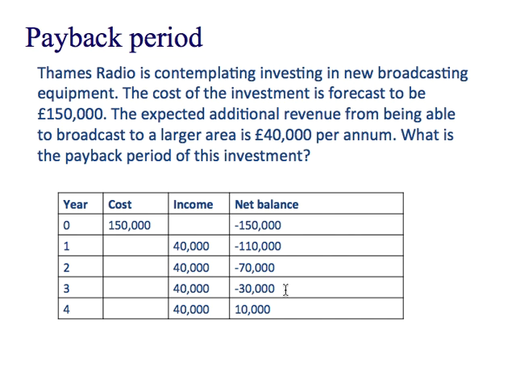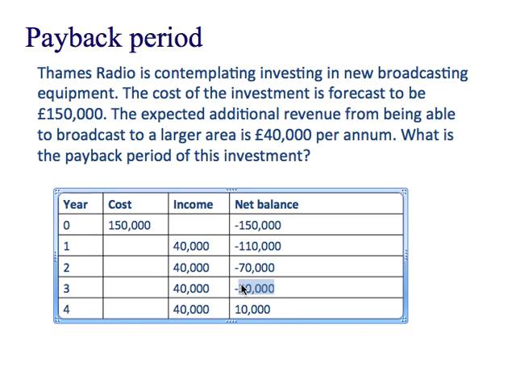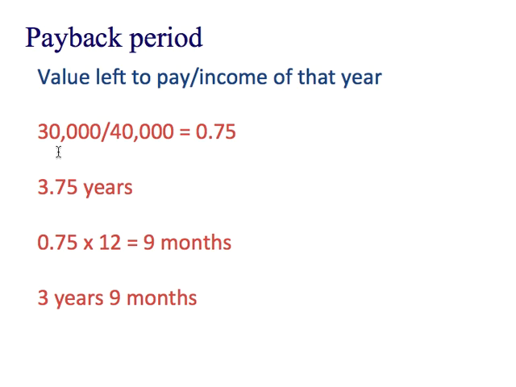So we know that there's 30,000 left to pay at the end of year 3, and we know that in year 4 we're going to get in 40,000. So 30,000 divided by 40,000 equals 0.75. So then you add that to the number of years that you got before. So it's completely alright to put down 3.75 years.